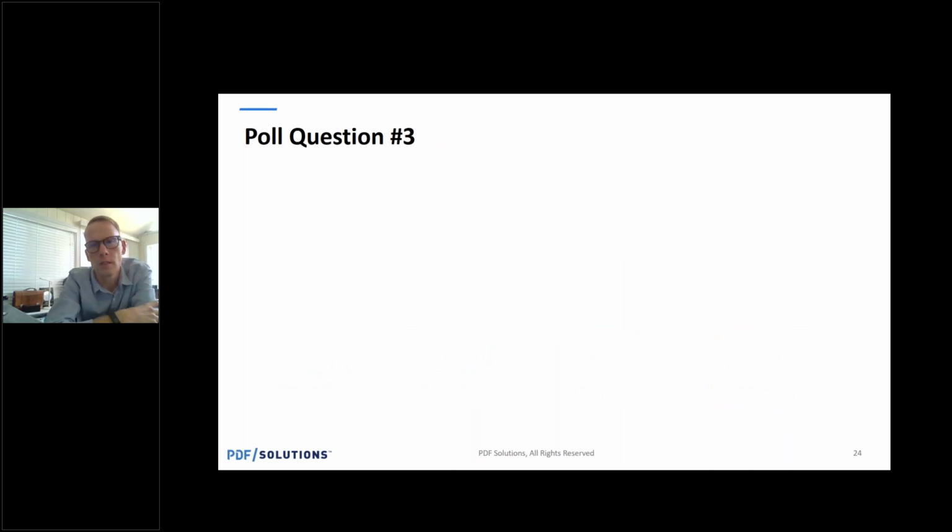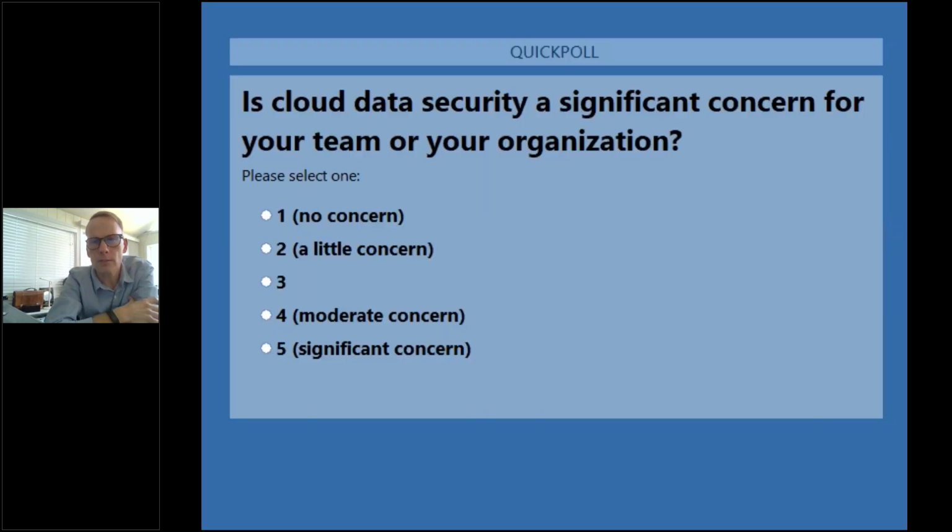Final poll question. Is cloud data security a significant concern for you or your organization? So one of the concerns that we've heard from customers historically is that cloud cannot be as secure as our on-prem environment.